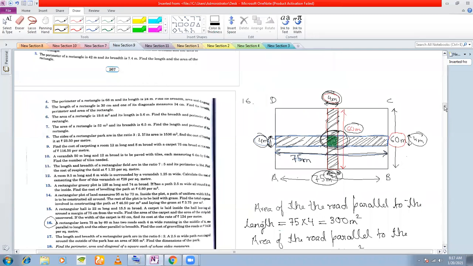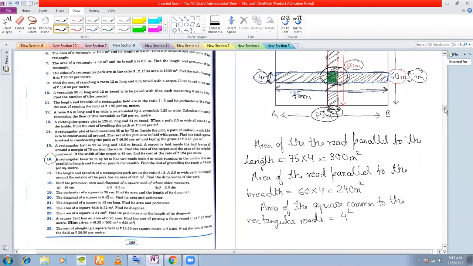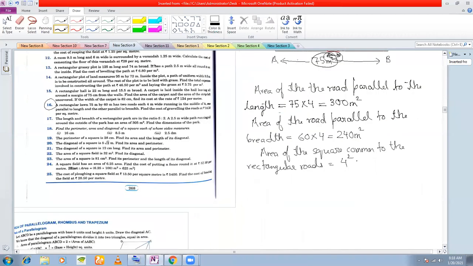So each side of this is 4. That means it is a square, and therefore area has to be 4 squared, which is equal to 16 meters square.